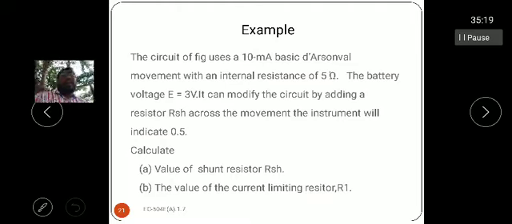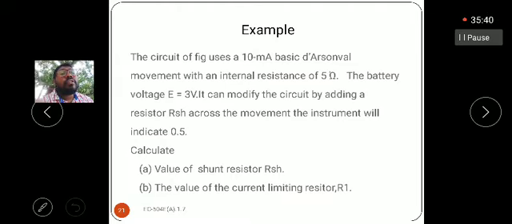Here the example is a 0 to 10 milliamps D'Arsonval movement. They are taking the internal resistance as 5 ohms and the battery voltage as 3 volts.